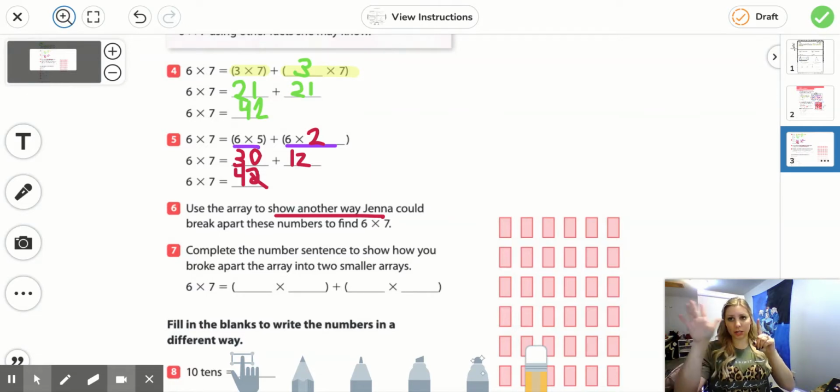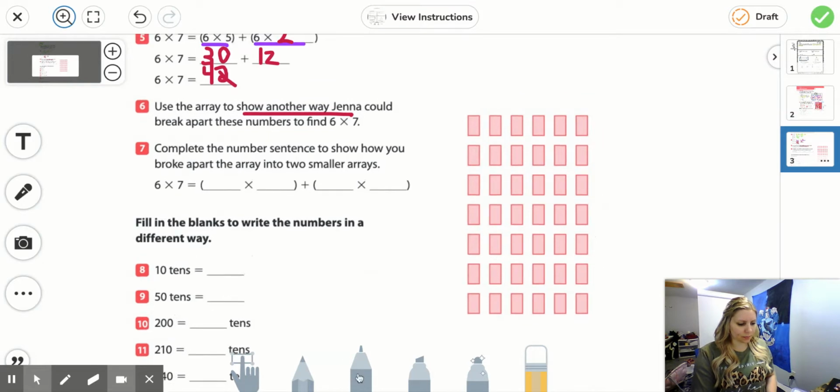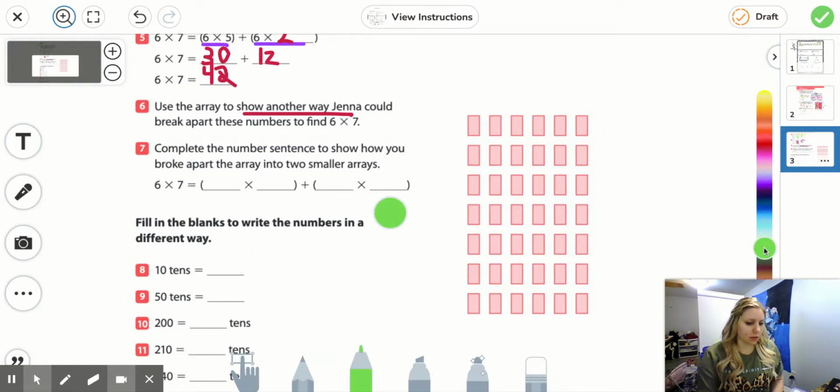If I have 6, what's the easiest way to break this apart with facts that I know? Think about how many are in this hand. How many are on this hand? 5 and 1. 5 and 1. Do you guys agree? 5 and 1 make 6? I agree. I think so. So if I go back to this array, I'm going to break it up to be 5 and 1.